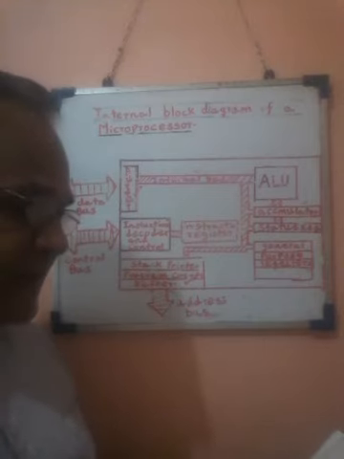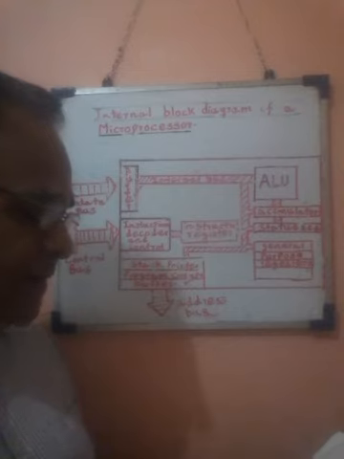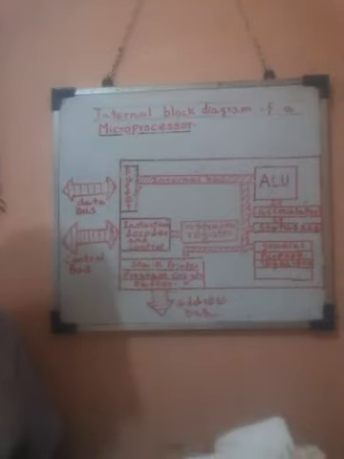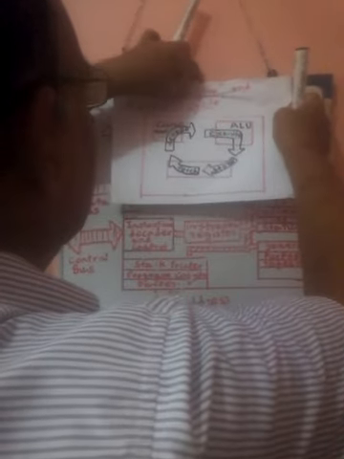Basic instruction cycle of a microprocessor: fetch and execute cycle. Now we want to know the fetch cycle and execute cycle. It's very important to understand the cycle.